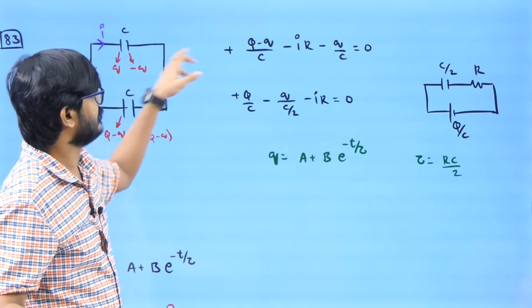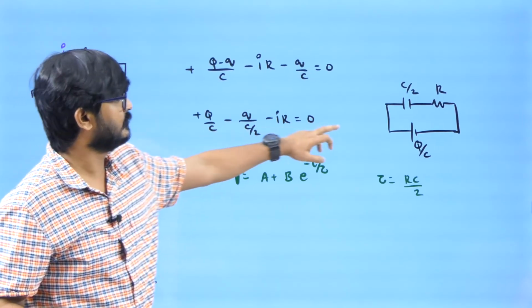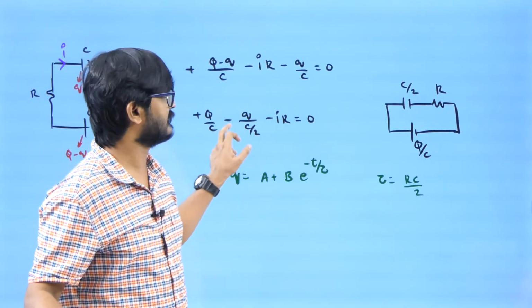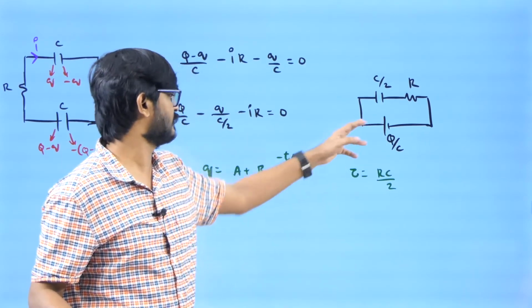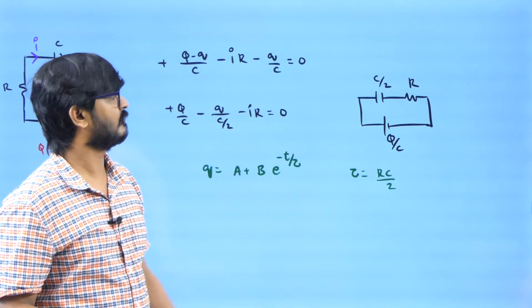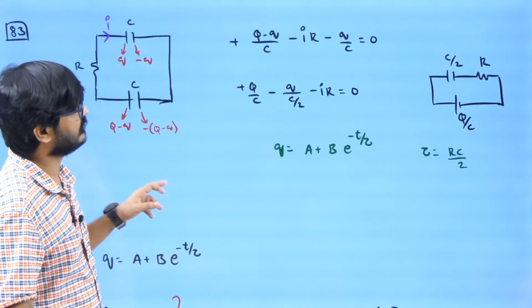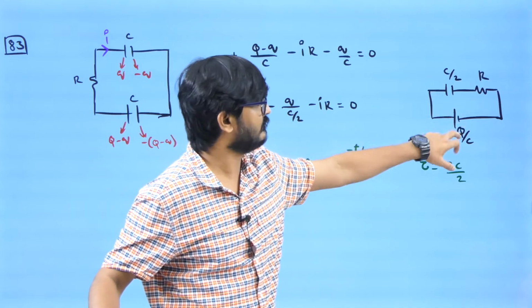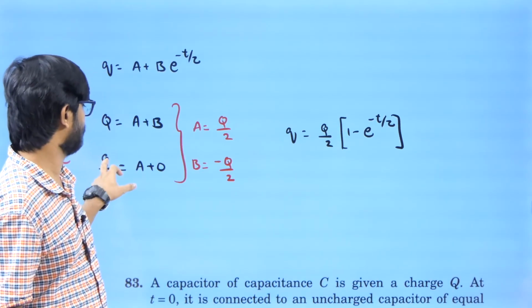I will be writing loop equation. It looks like this. When I modify it, it looks like this. Now this equation is familiar to what I know. So this equation, I am seeing it like this figure. For this figure, I know the solution will be of this form. So what is the charge initially? Charge initially was given as Q. Charge finally is going to be how much? C by 2 into Q by C, which is Q by 2.